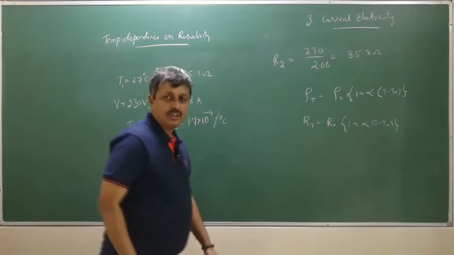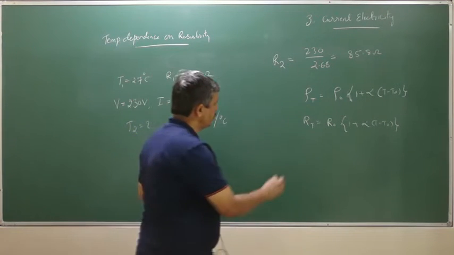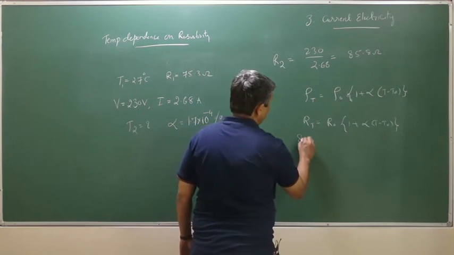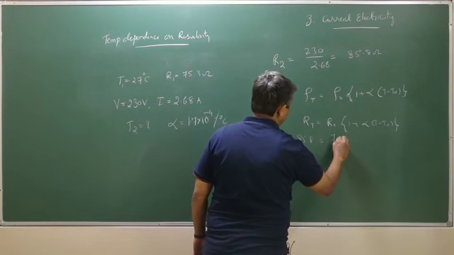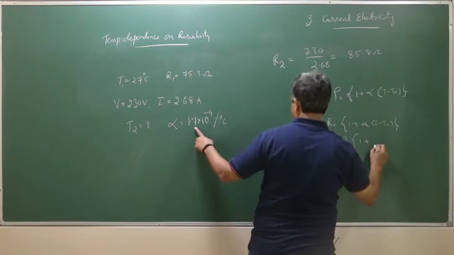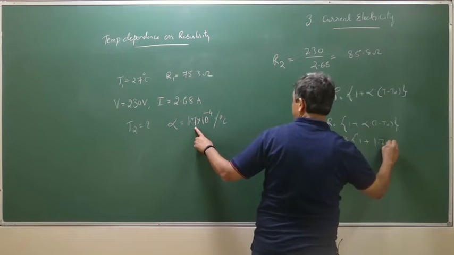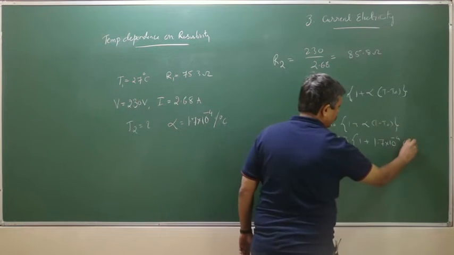Now what are the things we know in this? We know our second resistance, that is R T, basically 85.8 ohms. R naught we also know, 75.3, into 1 plus alpha, which is given to us as 1.7 into 10 power minus 4, into T minus T naught. T we don't know.